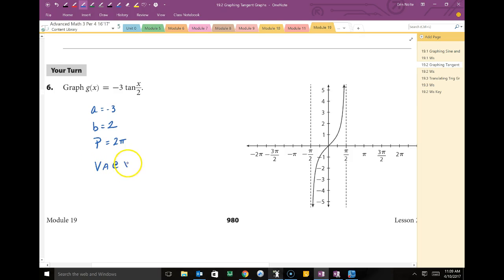Vertical asymptote. Where will I see my vertical asymptotes? Everybody okay with saying 2 pi and half of 2 pi is pi. Good, so we'll have one at positive pi and one at negative pi, so we can call it plus or minus pi. Now my reference points. You need to draw 3 different reference points. Where's my first one going to exist?